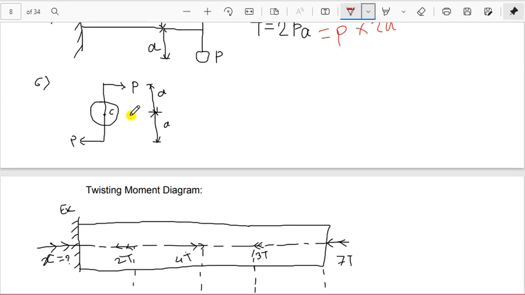And finally here is an eccentric loading, that means away from the boundary of the shaft there is a loading which is also in opposite direction and equal in magnitude, P. So here also a torque will be represented as T is equal to P into 2A, right?